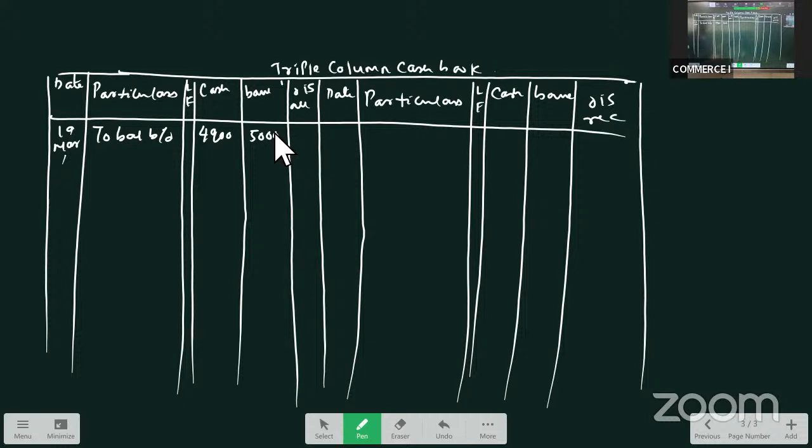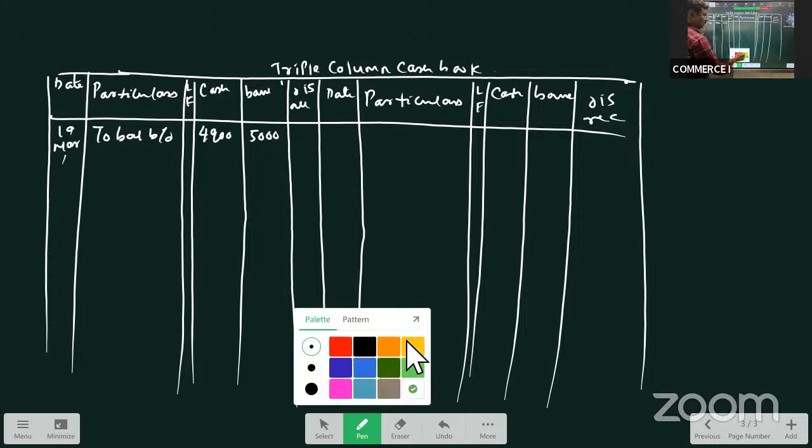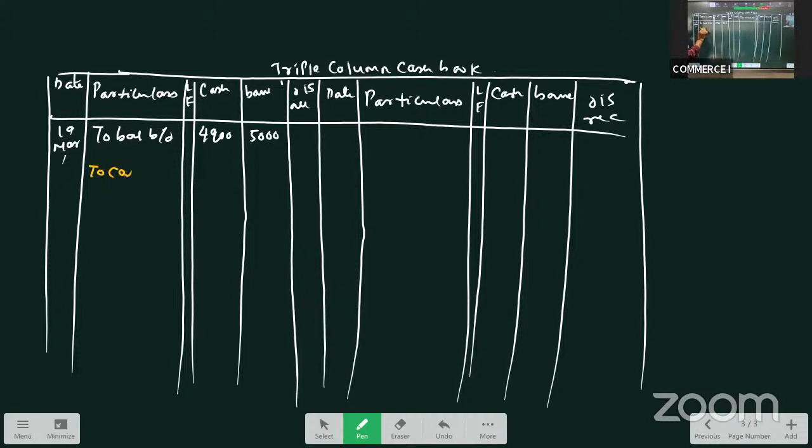Deposited cash into bank. The second entry given is deposited cash into bank. That stands to be a contra entry, no? A contra entry will appear both on the debit side and credit side. To cash, amount will be written in the bank column. What is the amount? 3,000. That will be written in the bank column.